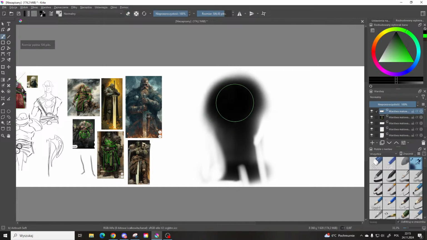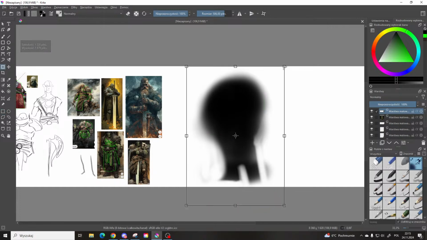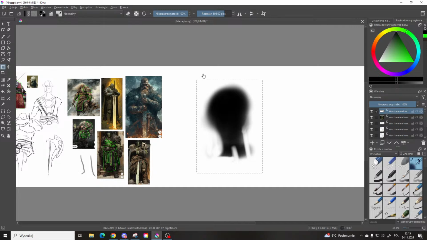Right now I'm trying to get it with the silhouette first, because I find this pose kind of tricky. It's just standing, but at the same time I want to get a certain feeling in it.